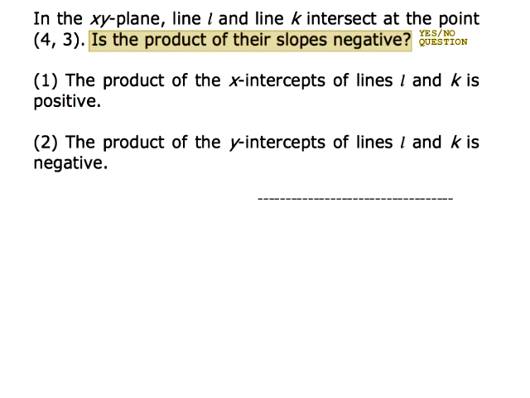So the yes situation here is that you can make the product of the slopes negative. When does that happen? When do you have a negative product?